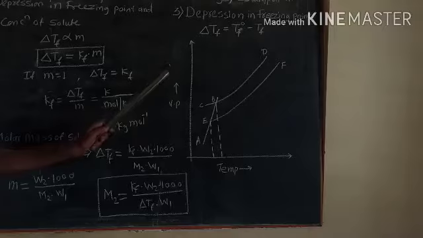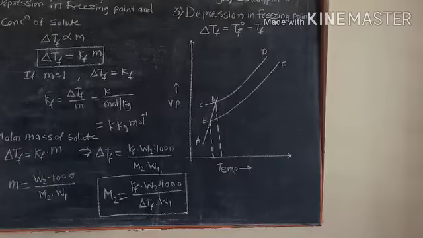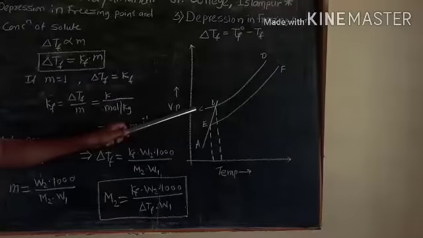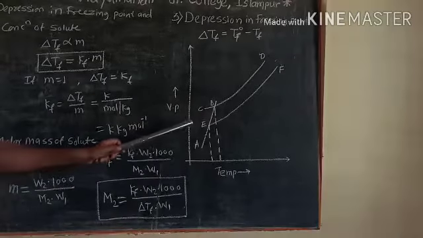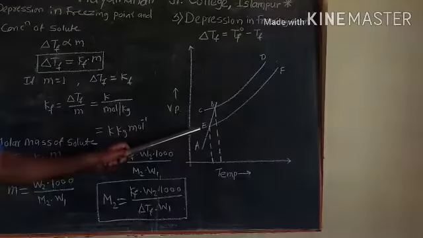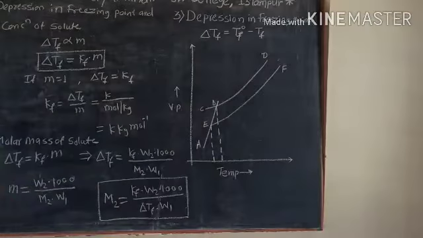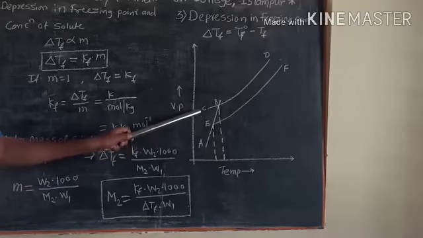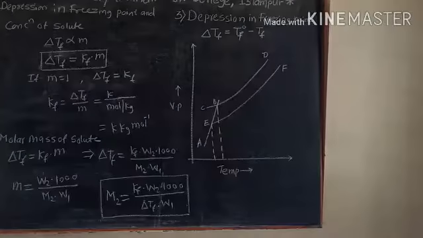AB represents the vapor pressure of the solid pure solvent. CD represents the vapor pressure of the liquid pure solvent, and EF represents the vapor pressure of the solution in liquid form. EF is always less than CD because it is the vapor pressure of a solution.